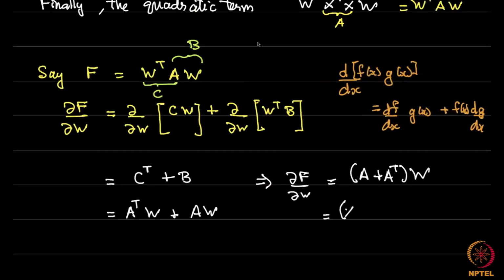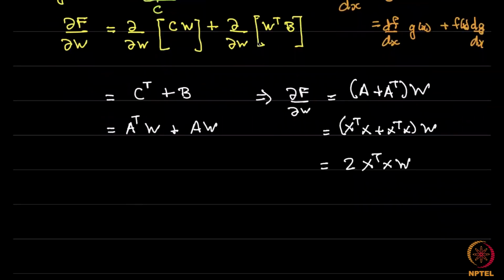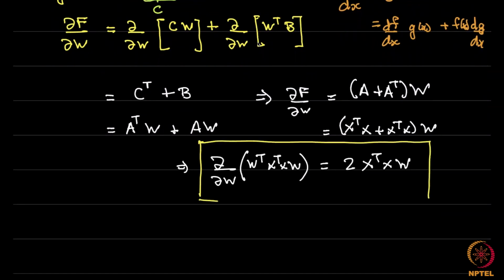So X transpose X. But X transpose X, if you take a transpose of that, you will again get X transpose X. That's because it's symmetric. So you get 2 times X transpose X W. Okay. So this means derivative of W transpose X transpose X W is 2 X transpose X W. So again, like I said, this is kind of a hand-waving derivation. You can do a more formal derivation, but nonetheless, none of what I said here was strictly speaking wrong in any way.